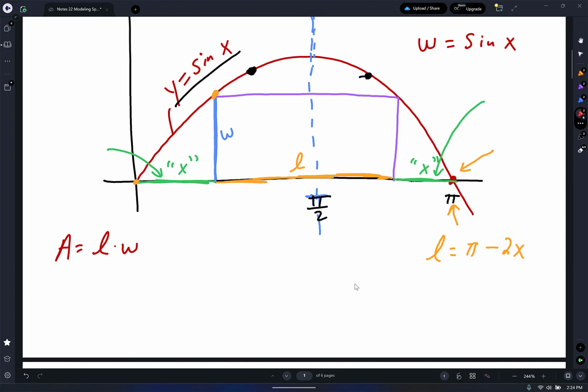Here we go. The area of that rectangle now, in terms of, I like that red, is equal to pi minus 2x times sine x. Are we okay? All right. A restriction equation. Let's see. What's my restriction?